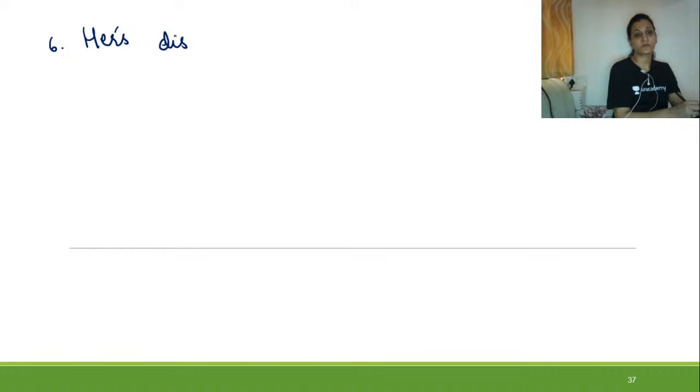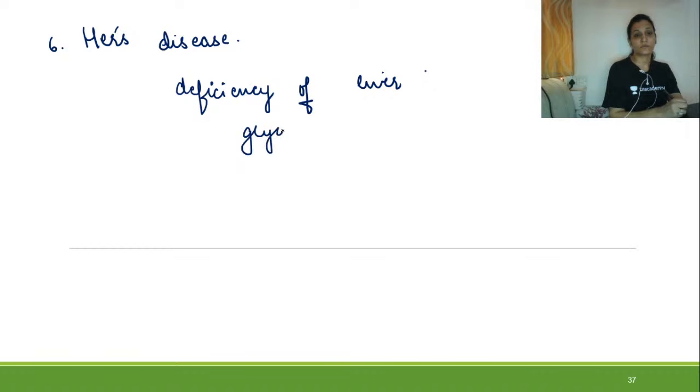What happens in Hers disease is deficiency of liver glycogen phosphorylase.